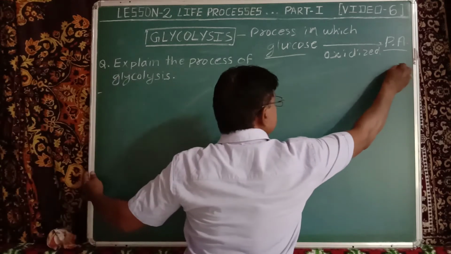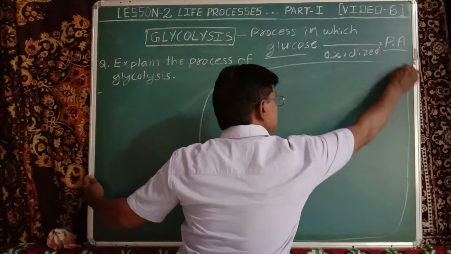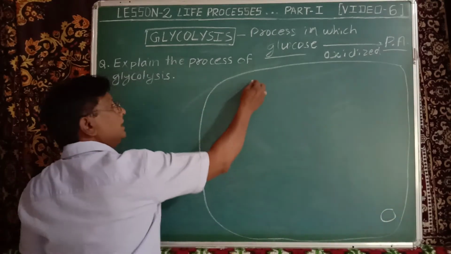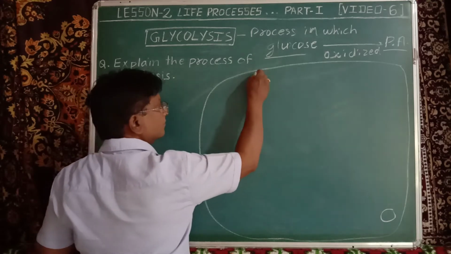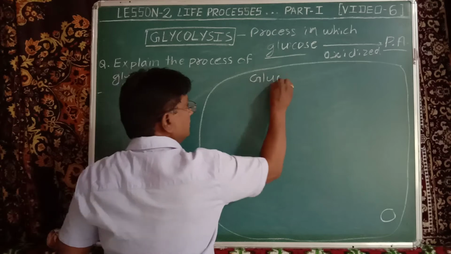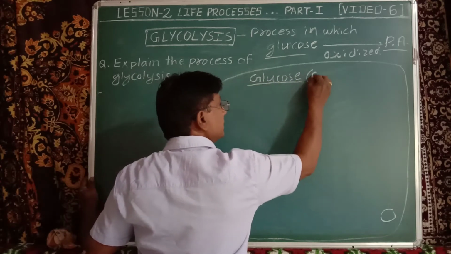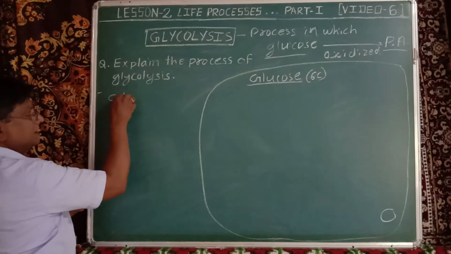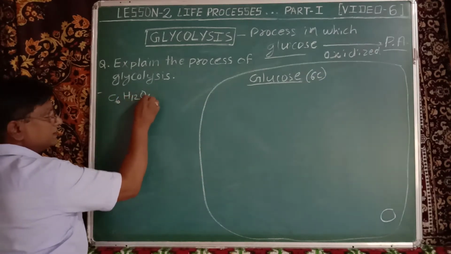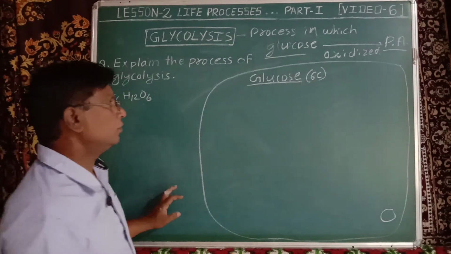In cytoplasm, this is the cell, nucleus. Here is a glucose molecule. This glucose molecule is actually a 6-carbon compound. As you know, glucose is C6H12O6, so 6 carbons are present in glucose.